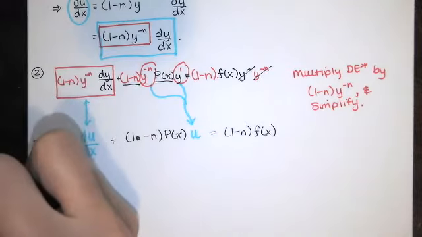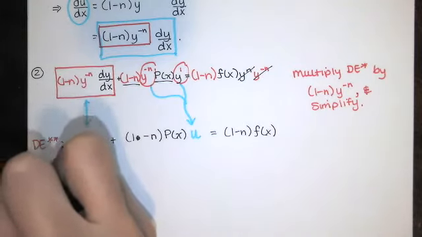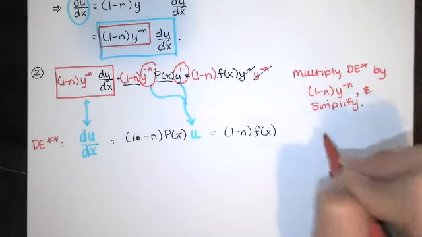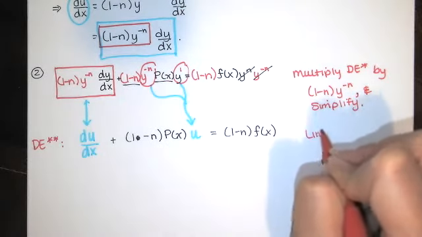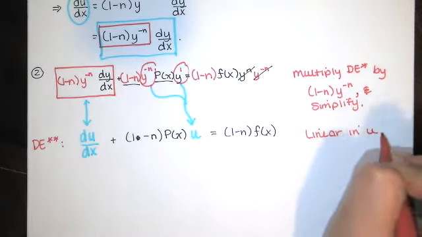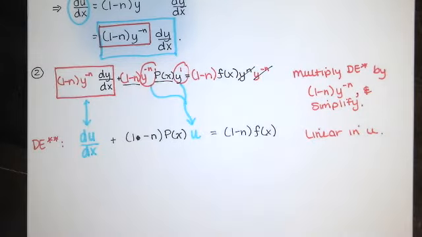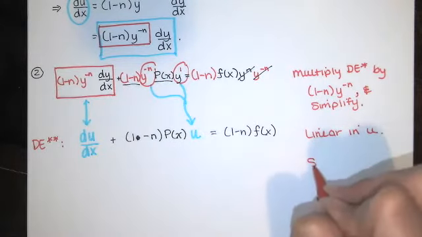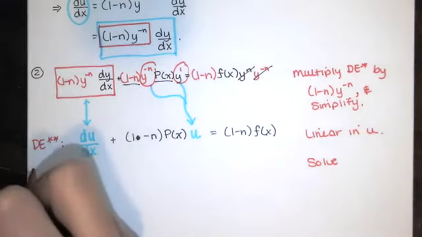And then you're here, I'm going to call this DE double star. Then this differential equation is linear in u. So then you're going to solve this linear equation for u. That's our third step.